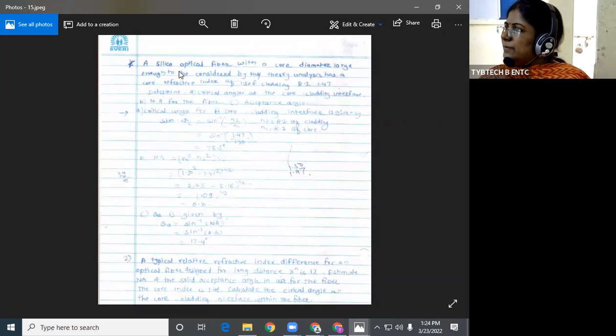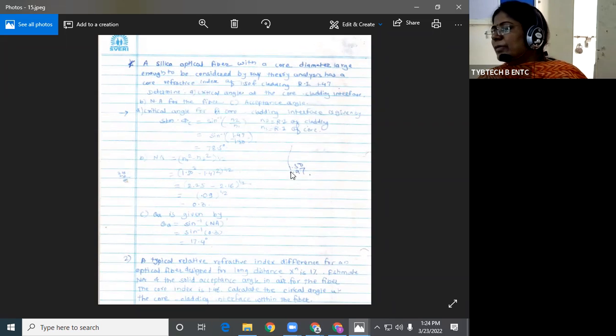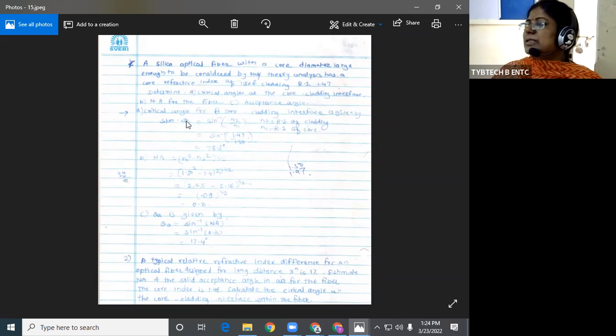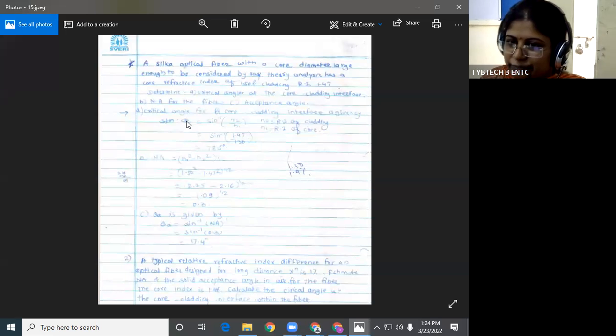N1 N2 given, just that values you have to substitute. Once again I will just revise it. N1 N2 is given. So critical angle कसा calculate करतो आपण? Phi c is equal to sin inverse of N2 by N1. So it is equal to 78.5.